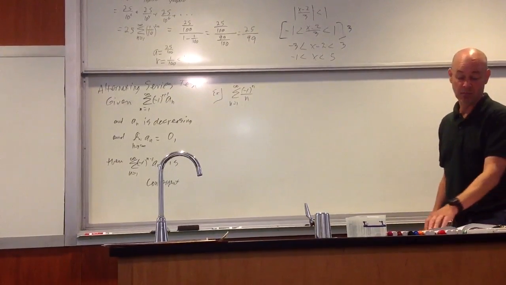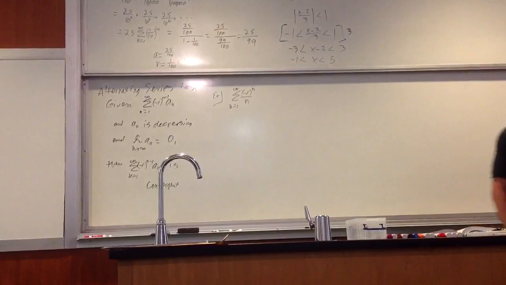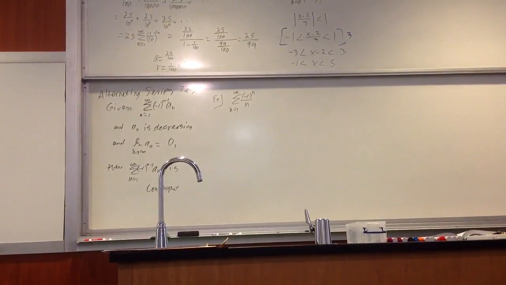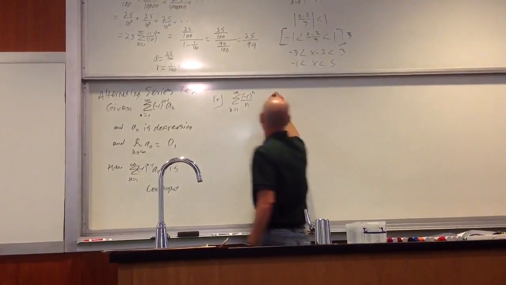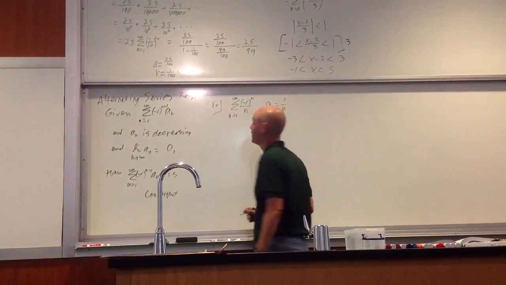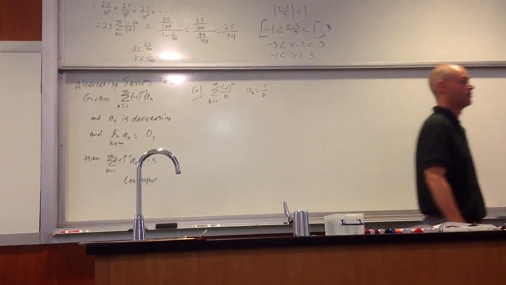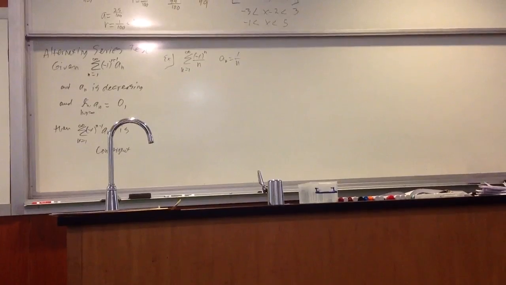We call them alternating harmonic series. In this case, we already identified a sub n is 1 over n. Now, what do we know about a regular harmonic series? Convergent or divergent? Divergent.